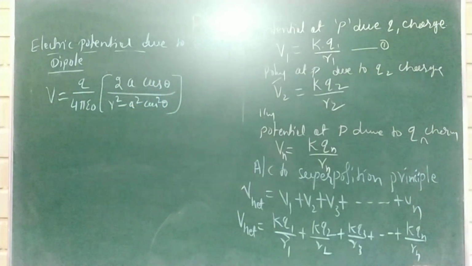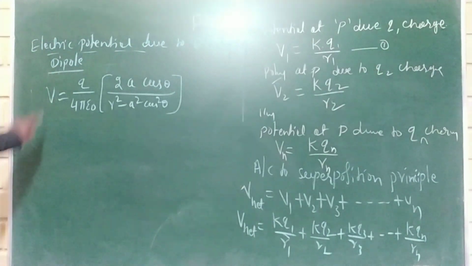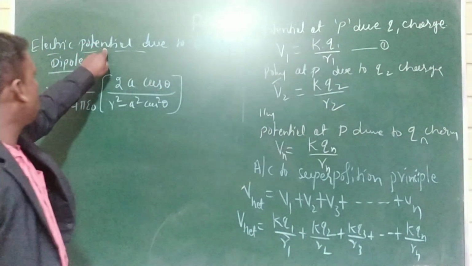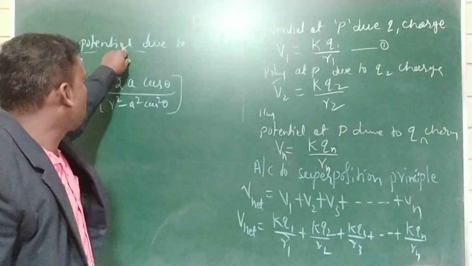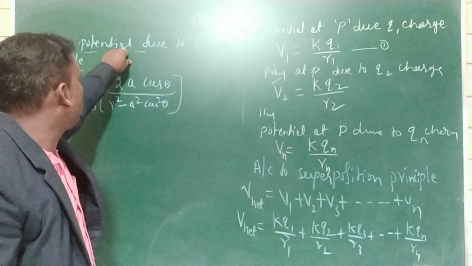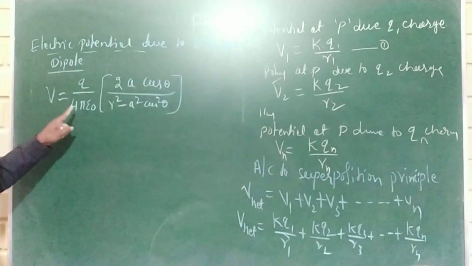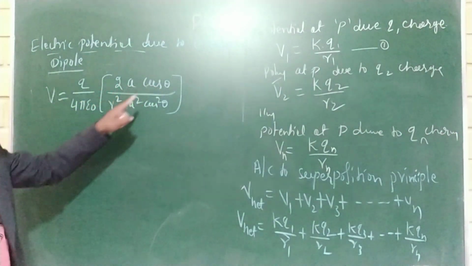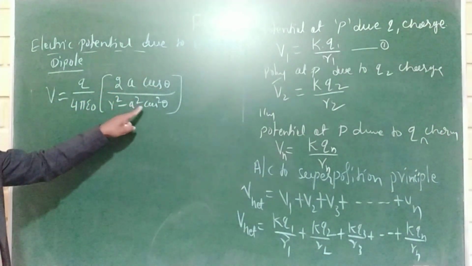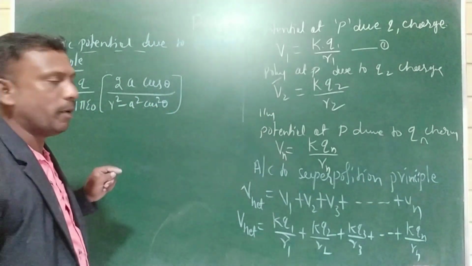This is the formula to calculate the electric potential due to an electric dipole. Write the expression for electric potential due to electric dipole: Q divided by 4 pi epsilon naught, 2a into cos theta divided by r square minus a square cos square theta.